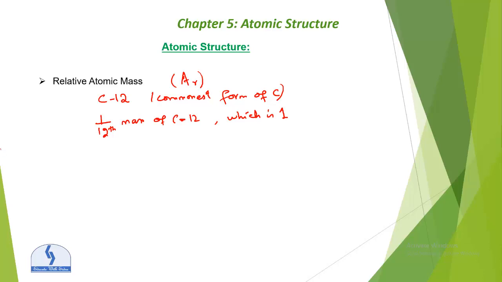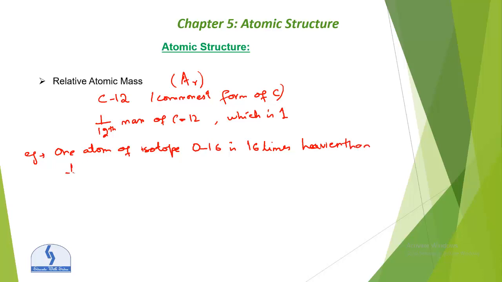So, for example, 1 atom of the isotope oxygen-16 is 16 times heavier than 1/12th the mass of an atom of carbon-12.